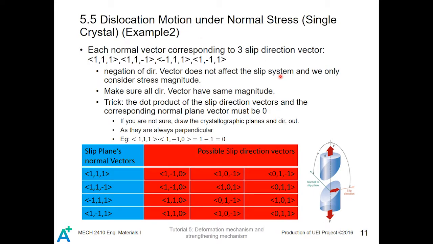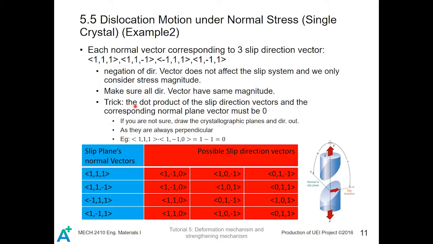Okay, so we then need to consider the respective slip direction vectors for all 4 slip planes, which correspond to the slip plane's normal vectors, as I list out here in the table shown. And you may want to ask, how can I generate all these slip direction vectors? There is one small trick.